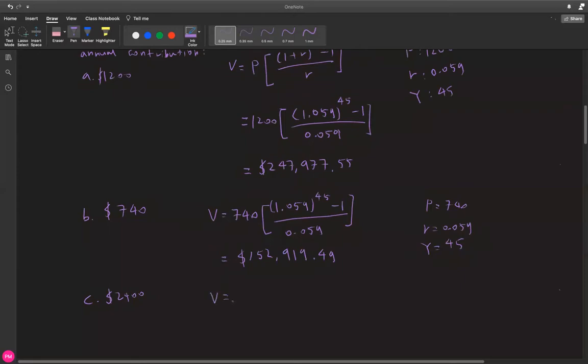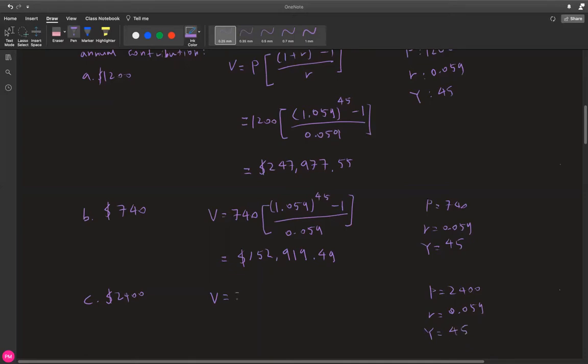So we're just trying to see the correlation between the annual contribution amount and the total value of the account. So in this case, we know that the P is now 2,400 and the APR is 0.059, and lastly, the number of years is 45.